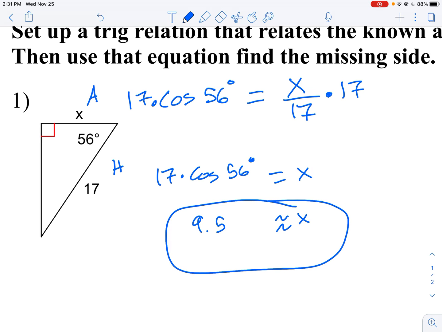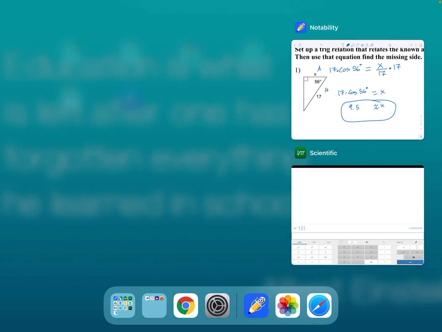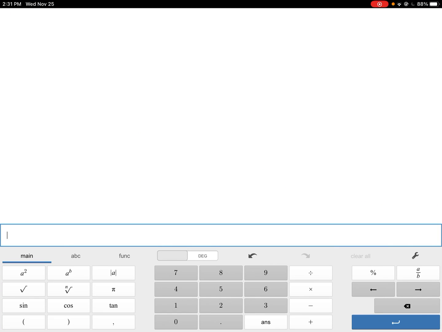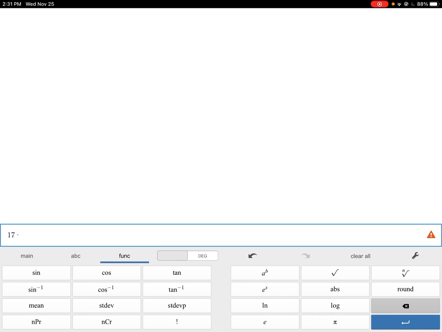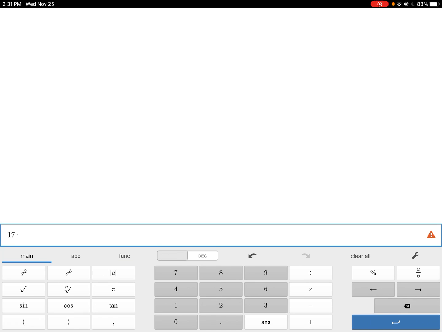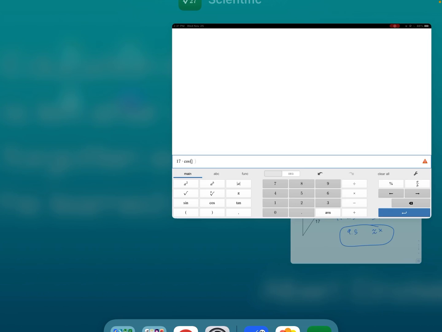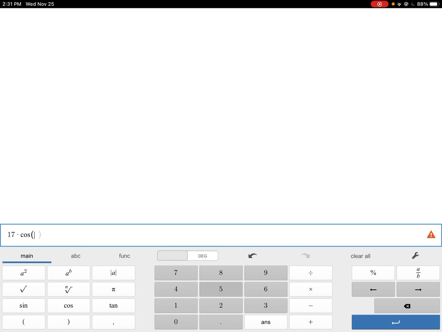If you're wondering what that looks like in the online calculator, let me pull this up, clear out what's here. I need to do 17 times, and remember to get cosine, you can be in the main area and just click on cosine, or you can go to FUNC, which is function, and go to cosine there. I'll just stay on the main. I got cosine of 56.